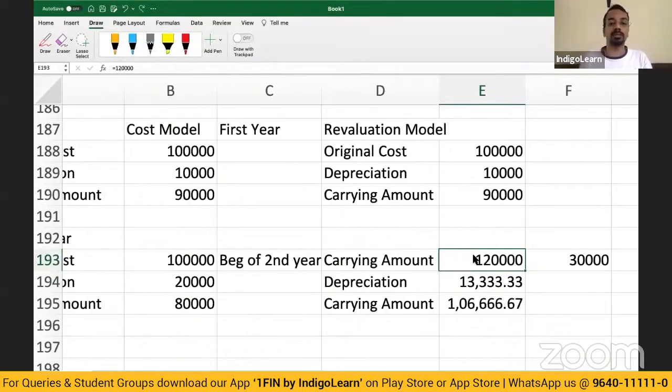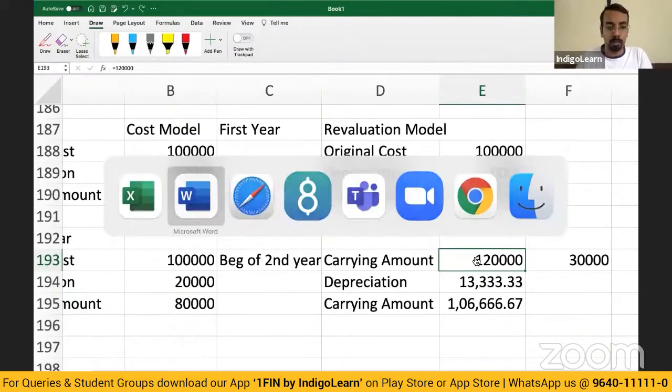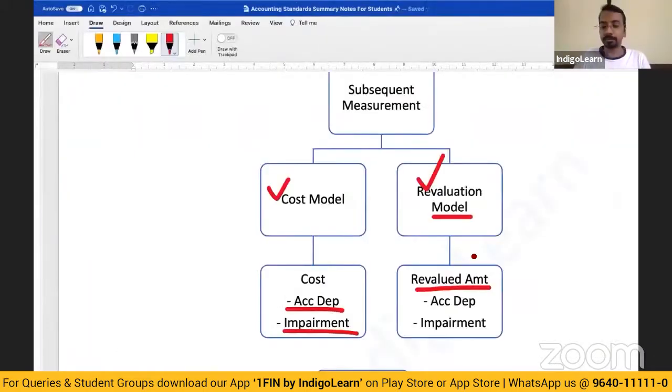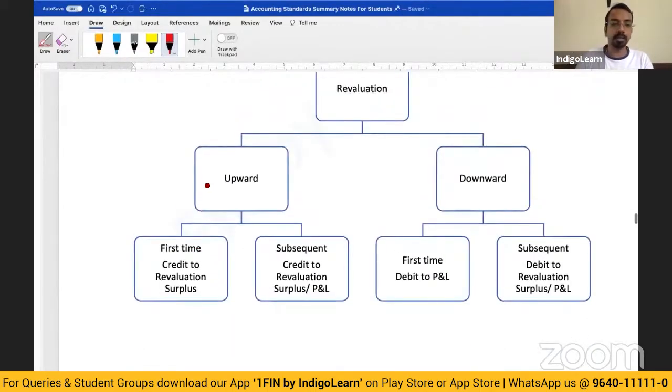Subsequent revaluation: if there is an upward revaluation, then you will credit it to revaluation surplus, or if earlier you had debited to P&L, now you will credit to P&L. So upward, first time, you will credit to revaluation surplus.